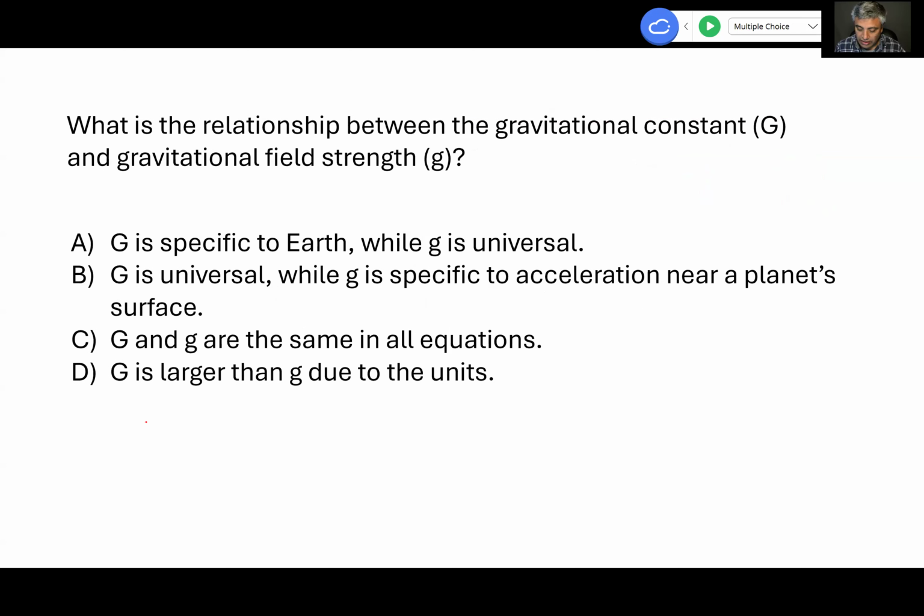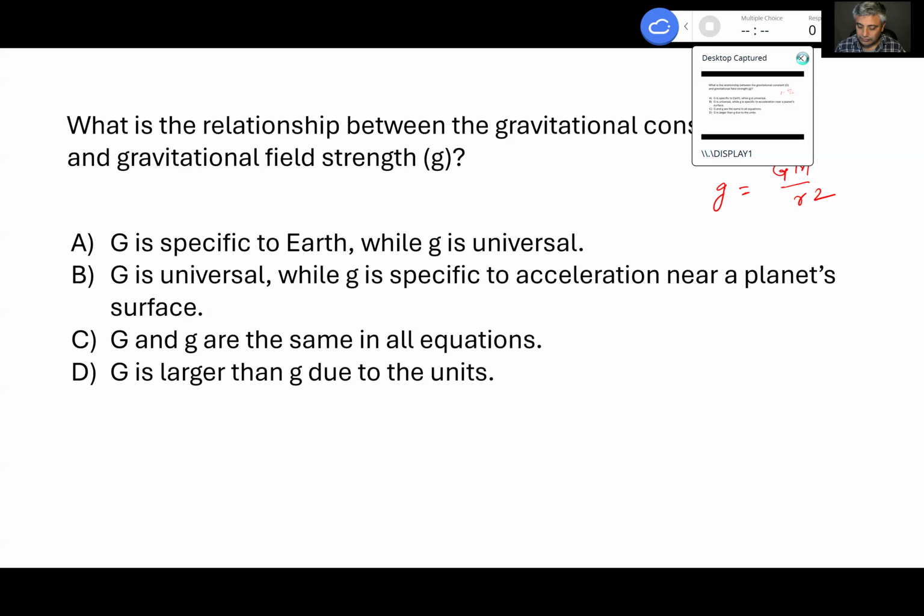So now I think I have another question for you, between uppercase G and lowercase g. Keep in mind that we talked about that, and they appear in the equation something like this, right? So you have a minute for this.